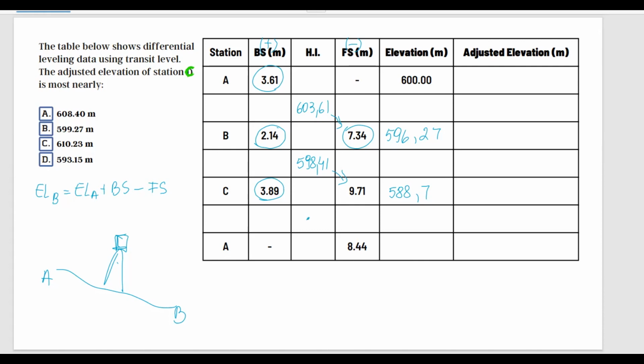So 588.7 plus 389, I get a value of 592.59. And then subtracting this foresight distance, 844, gives me a value of 584.15.